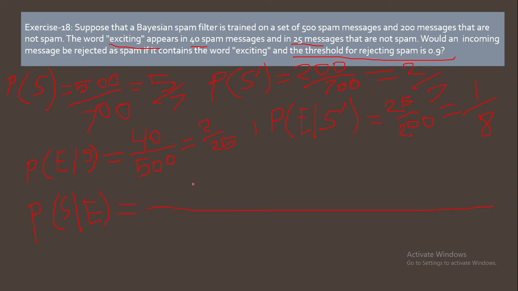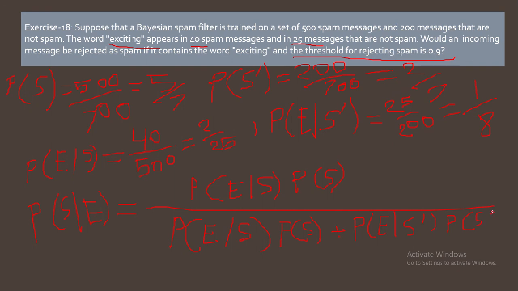So if we write the formula, it will be p of E given that s into p of s, divided by the total probability of the word exciting appearing, which is p of E given that s into p of s plus p of E given that s prime into p of s prime, right?